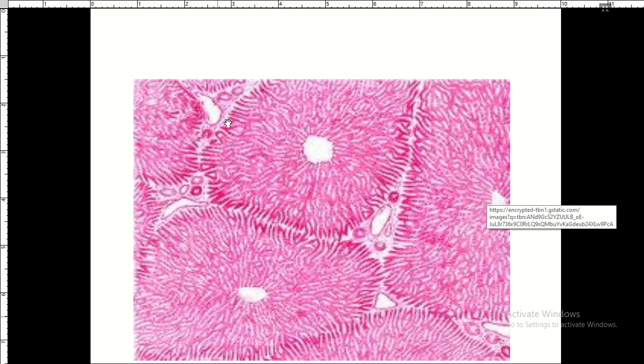This is a portal triad, portal triad, portal triad, portal triad. So the central vein receives tributaries from the liver sinusoids. All these whitish gaps you see are your sinusoidal spaces, while these eosinophilic cords are going to be your hepatocytes.